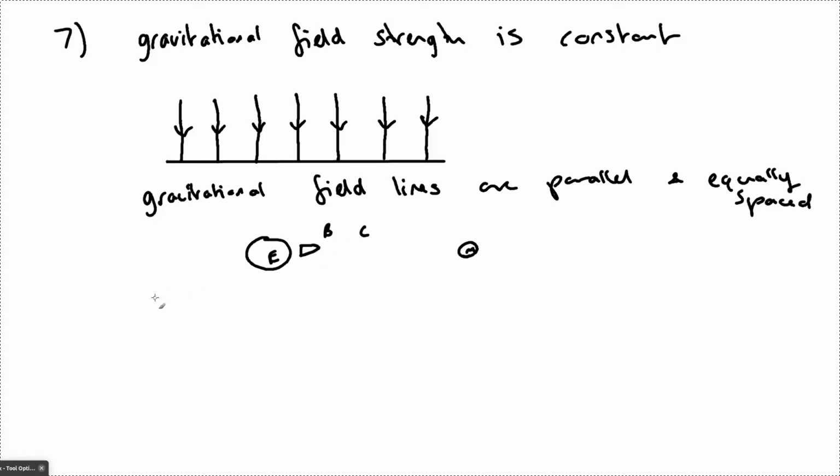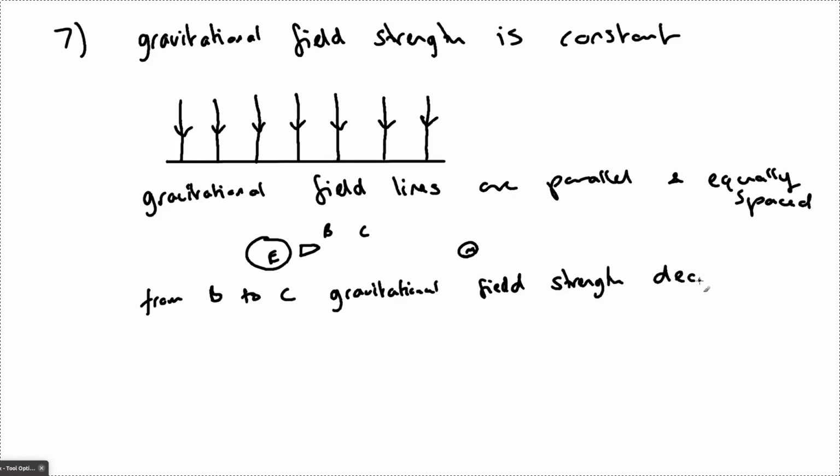Okay, so basically from B to C, gravitational field strength decreases.